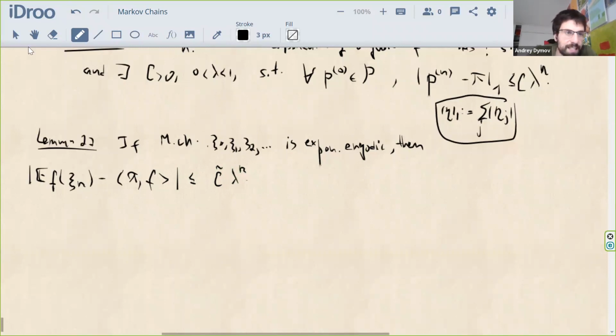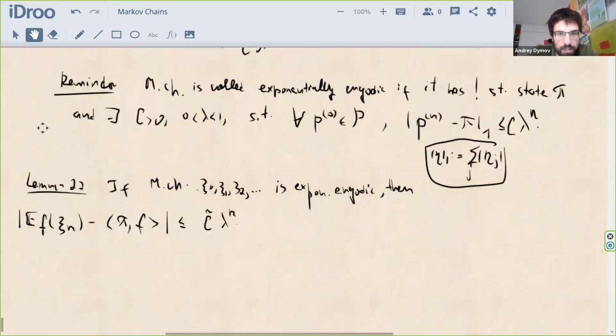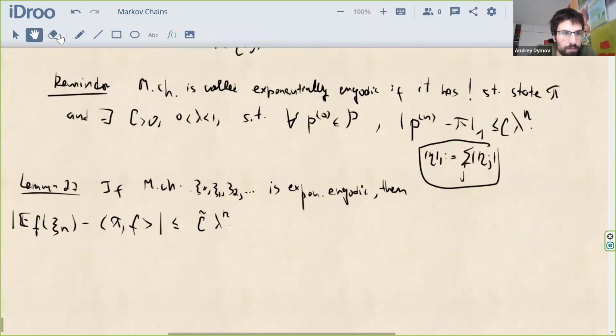Look, lambda is the same lambda as in the definition of exponential ergodicity, but c tilde is some other positive constant.